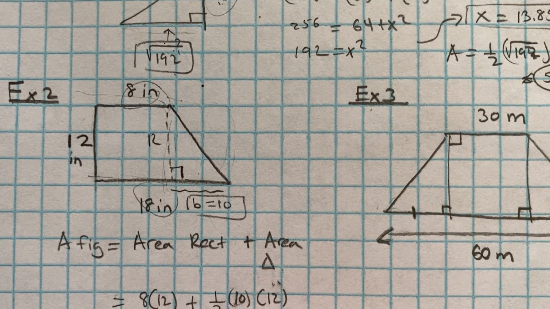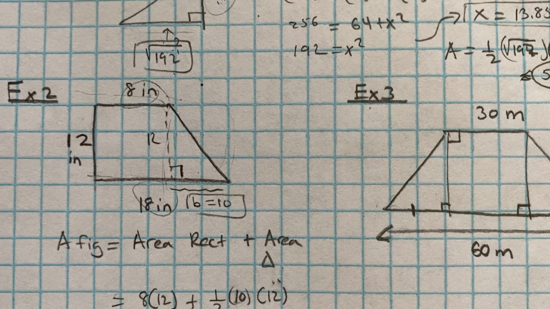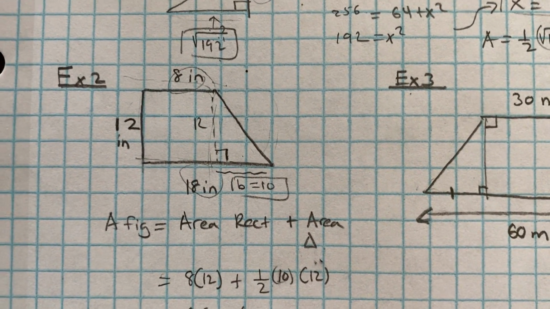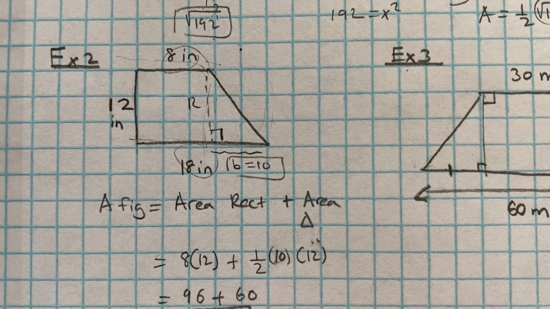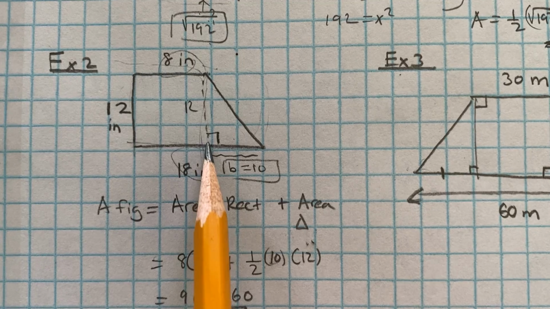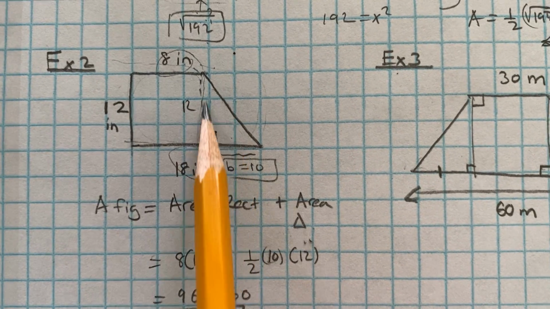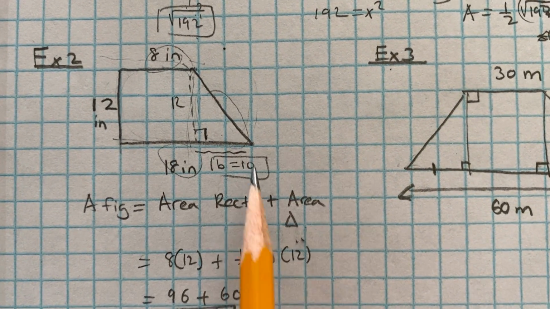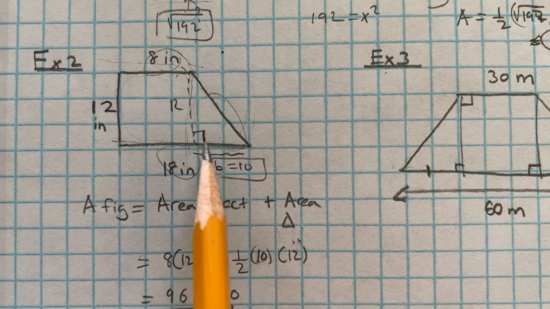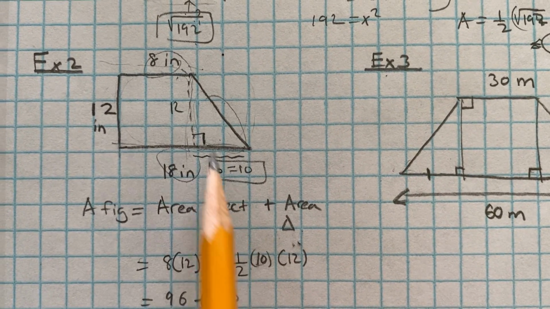Make sure you write the units inches squared. Okay, so for a problem like this, it's helpful to split up into two separate shapes. Because I haven't gone over the formula of a trapezoid with you, you split it up. Draw a dashed line, area of the rectangle plus the area of the triangle. Again, the tricky part is calling this b, and 18 minus 8 will give you 10. And then you just do 1/2 10 times 12.